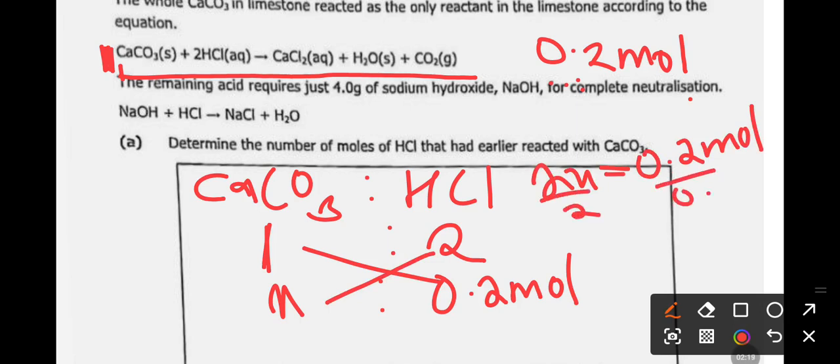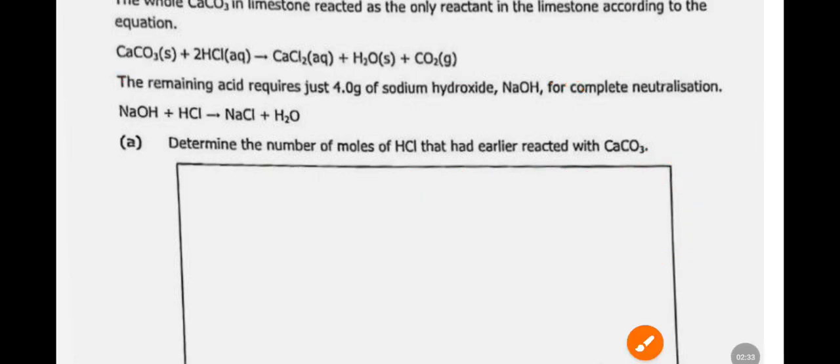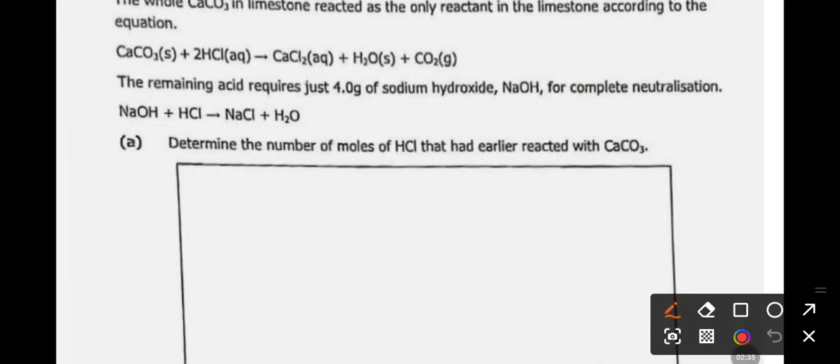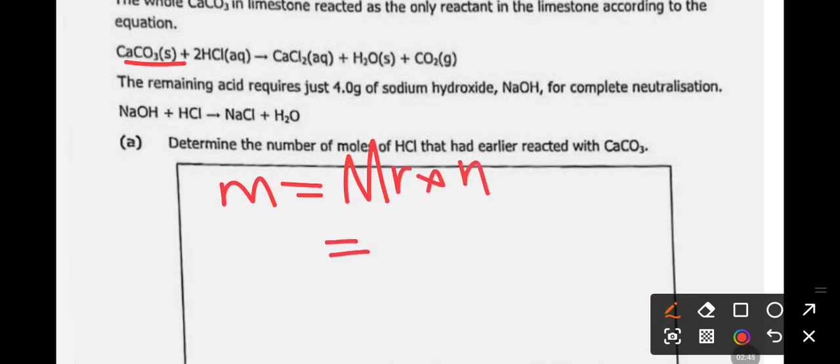Dividing both sides by 2, we'll have a value of 0.1 mole. So this means that 0.1 mole is the number of moles of calcium carbonate, and we have this formula: mass is equal to molar mass multiplied by number of moles.